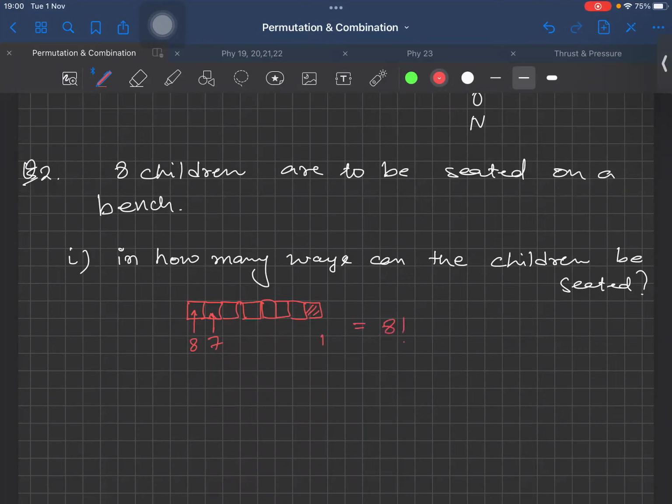Okay. Now the second problem is, understand this one. In how many arrangements are possible if the youngest and the eldest children sit together?